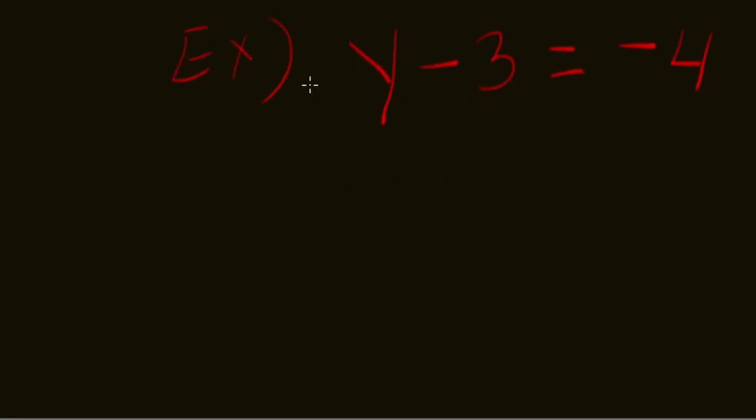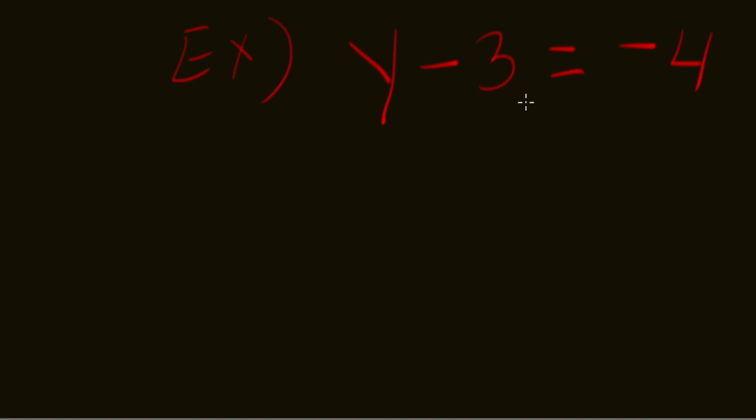Now let's look at this example: y minus 3 equals negative 4. We can just guess what y is by asking ourselves, what number, if I subtract 3 from it, will give me negative 4? To get negative 4, you have to add a number with the same sign.